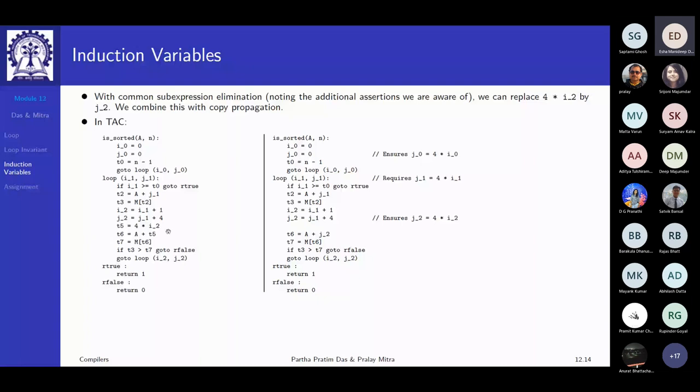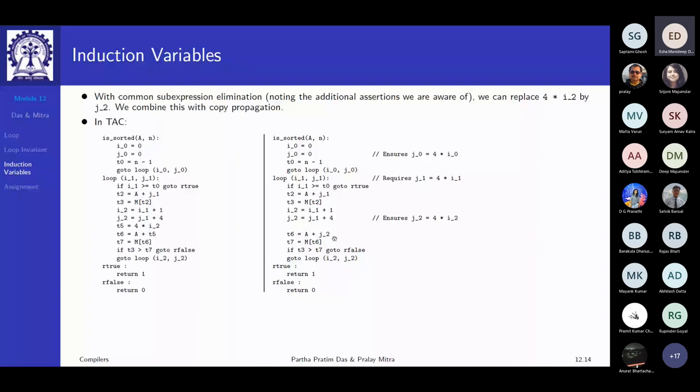This is a smarter common subexpression, using the assertion that J2 is 4 star I2, which is not explicit in this code, but we have that assertion already because that is how we have created J. Right? So 4 star I2 becomes J2 and we propagate that, right? Propagate T5. So T5 becomes J2 and we propagate that. So here we have A plus J2 and get rid of T5. Right?